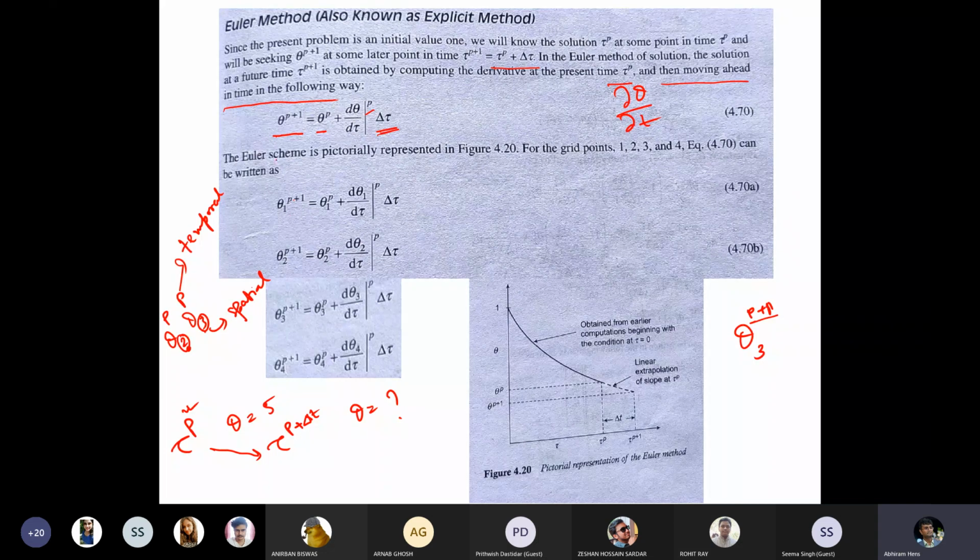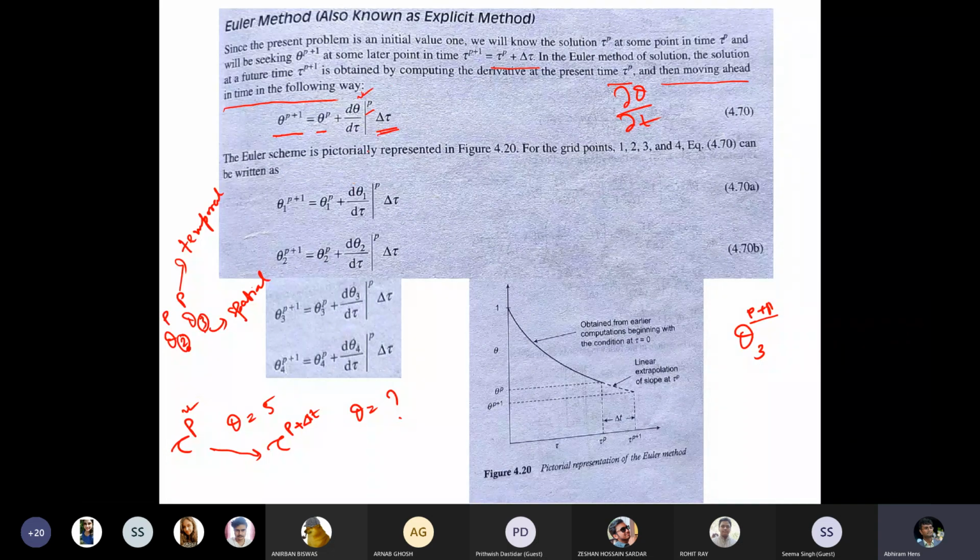Okay. So, we know that there are many functions. This is basically a Taylor series type of expansion, that if you like to know the value of the function at a particular point, if the earlier points are known, you can write it in this way, provided this gradient d theta d tau is known to you. Now, at what point you will take this d theta d tau, that is the question.